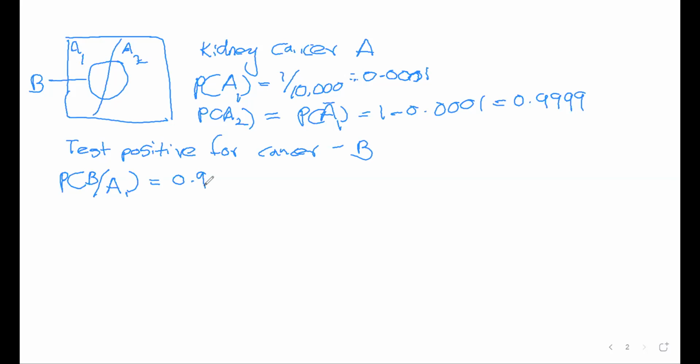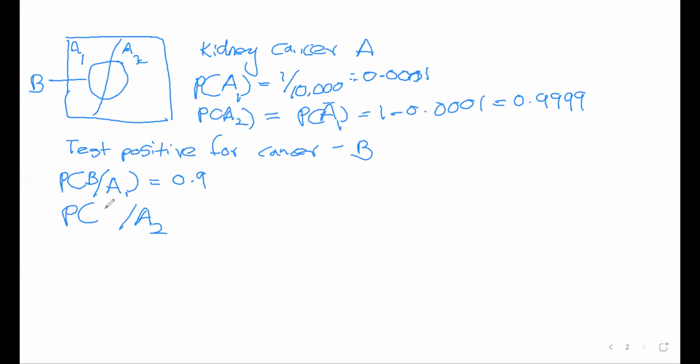Okay. And another piece of information has been provided. If a person does not have cancer, meaning the given information is again not A1 this time, A2. If a person does not have cancer, the test correctly indicates so. That means if the individual does not have cancer, the test indicates that the patient does not have cancer.